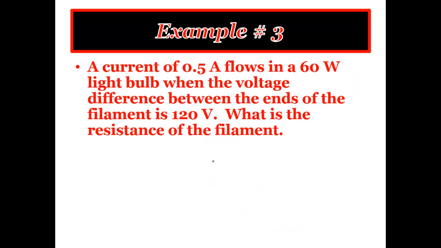And last but not least, example number 3. I equals V over R. A current of 0.5 amps flows in a 60-watt light bulb when the voltage difference between the ends of the filament is 120 volts. What is the resistance of the filament?